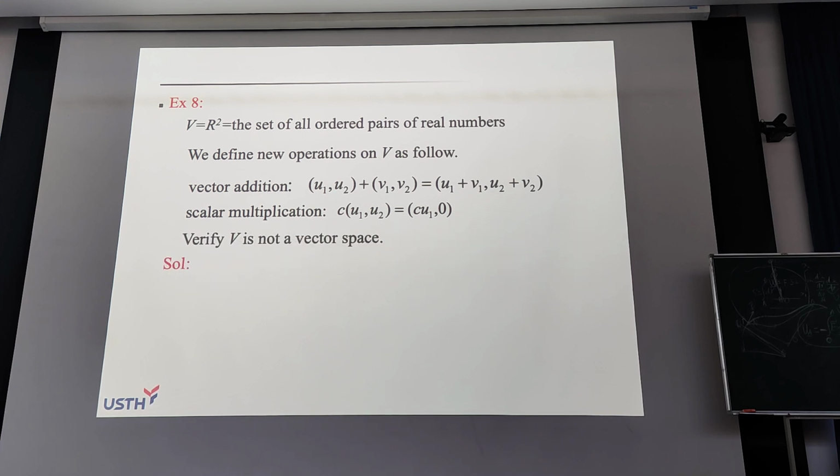Because if we take the number 1 multiplied by a vector inside, by the formula here, it does not equal the original vector. So it does not satisfy property number 5.